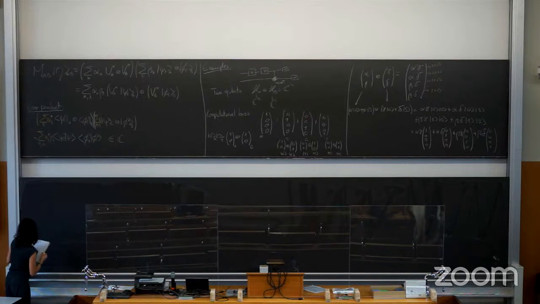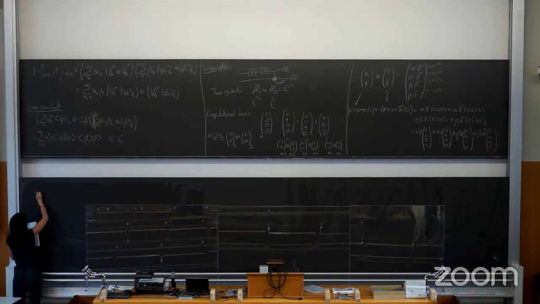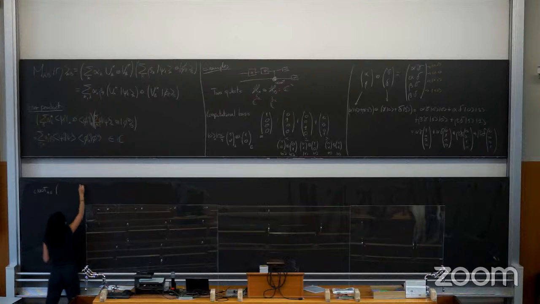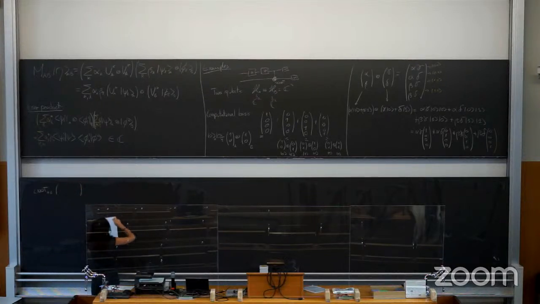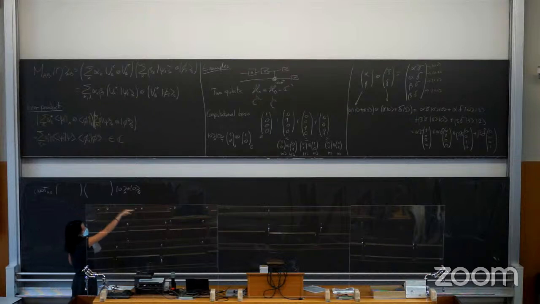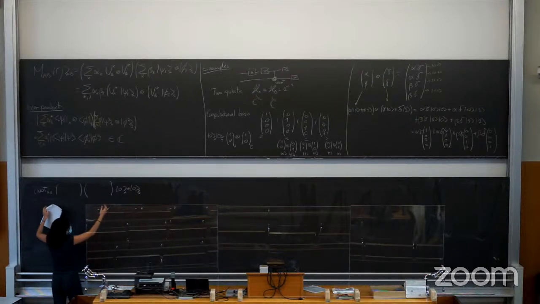So let's do this one. The circuit is what? The C0 gate, don't worry about it, we'll look into it in a bit. Of course we start from the end. Imagine that the initial state is 0, 0, so 0 on A, 0 on B. In a circuit, time goes from left to right, and in an equation, it goes from right to left.